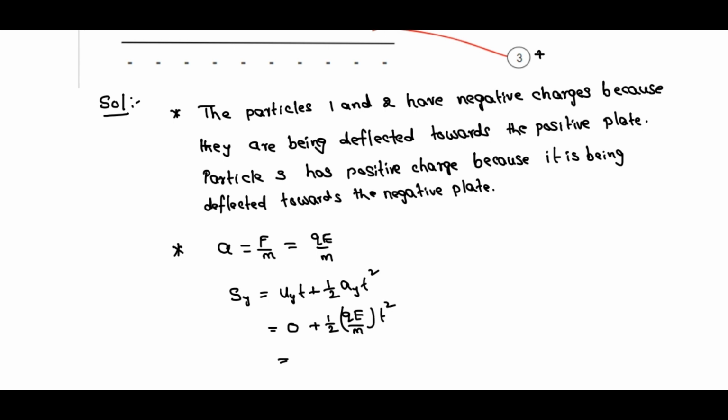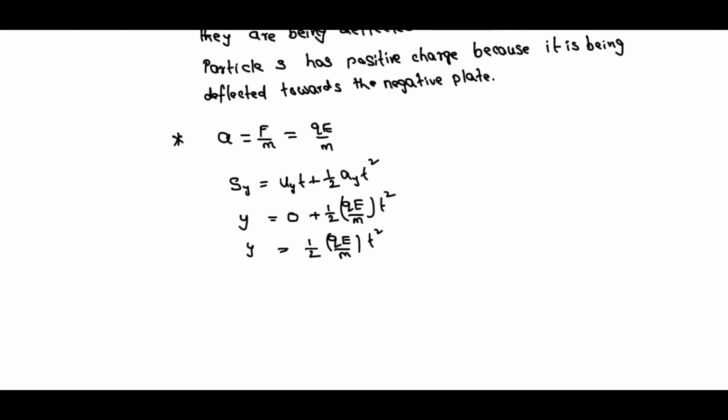That is equal to half qE by m into t square. It is nothing but s_y, otherwise we can take y. So from this, half, m, E, t are constants. We can write y is proportional to q by m.